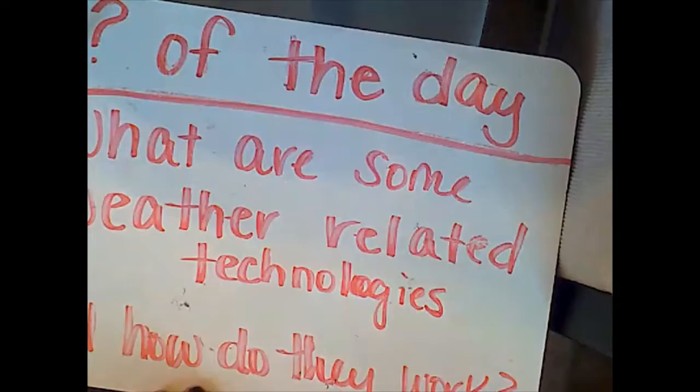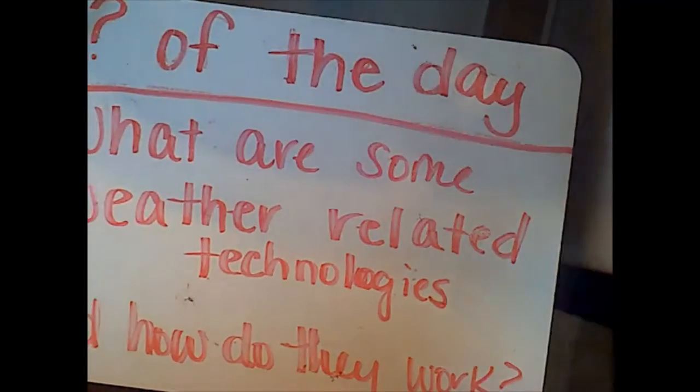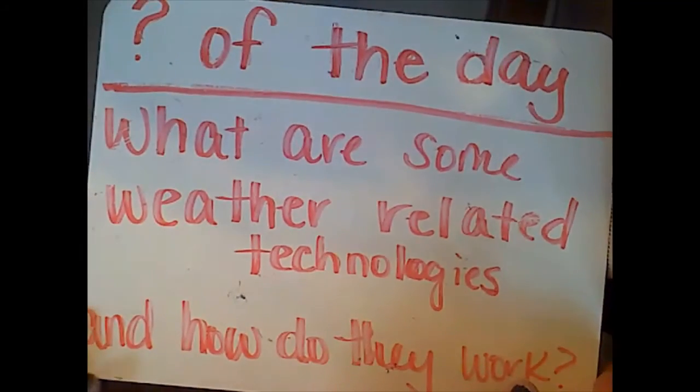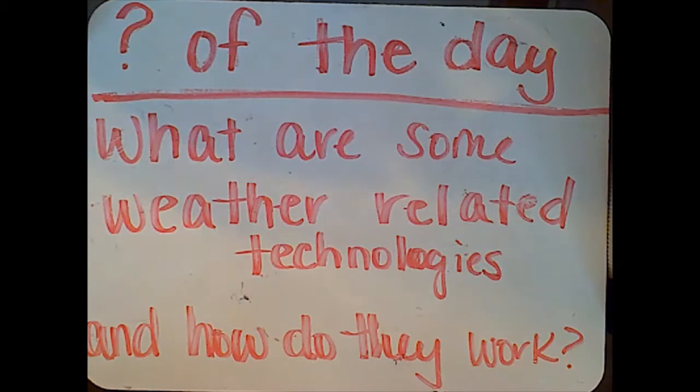For day 1, I want you to review the vocab and make sure you are taking care of your weather data chart. We're also going to focus on the question of the day for this 2-day activity. So our question of the day today, what are some weather-related technologies and how do they work?